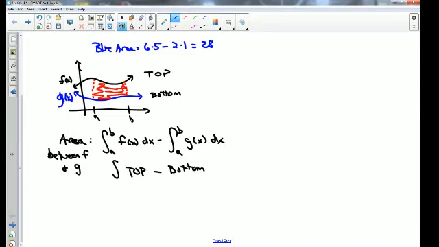Montaigne asked if the curves are under, right? It's still top minus bottom. It doesn't matter if they're on separate sides of the x-axis. Nope, top minus bottom.